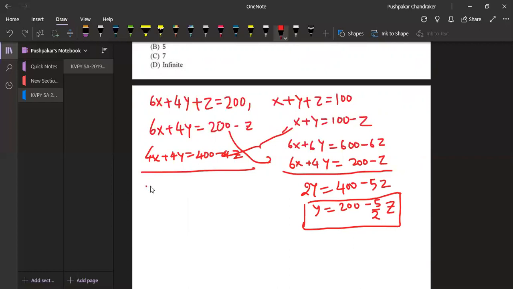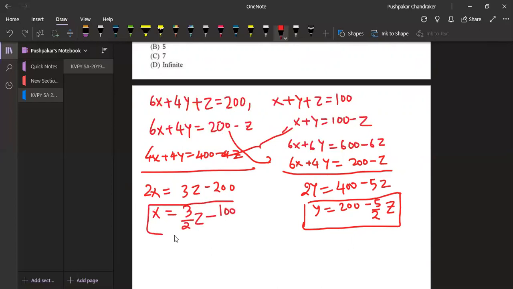If you subtract, you get 2x equals, subtract, you get 3z minus 200. Correct. So you get x equals 3 by 2 z minus 100.